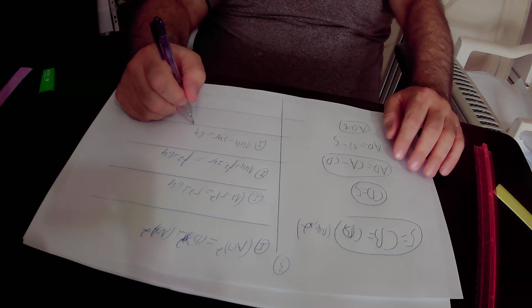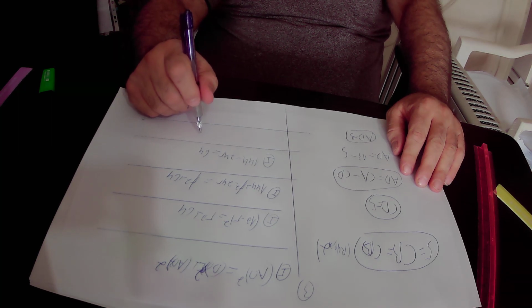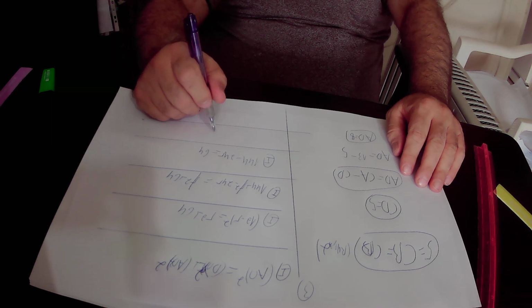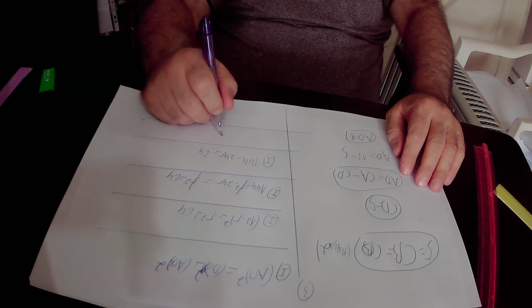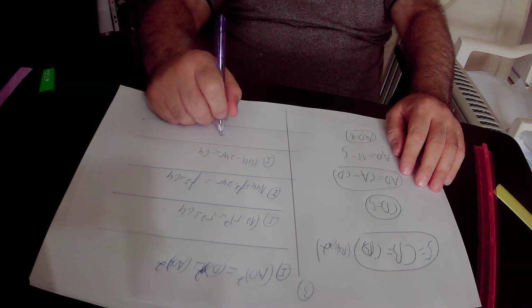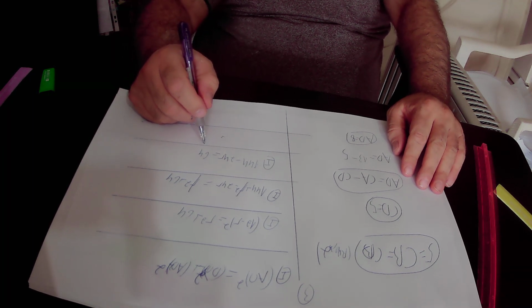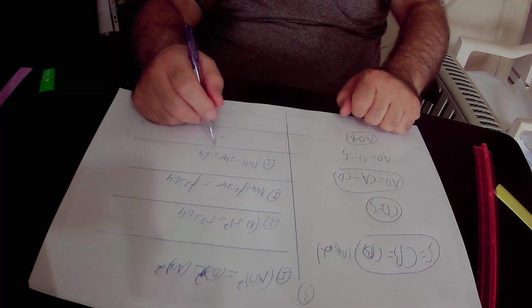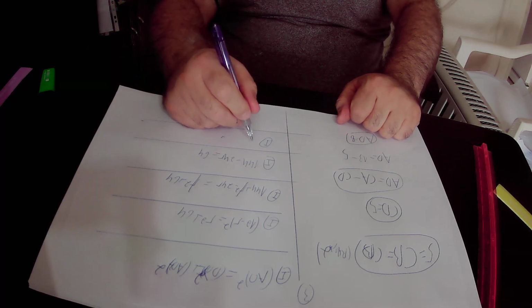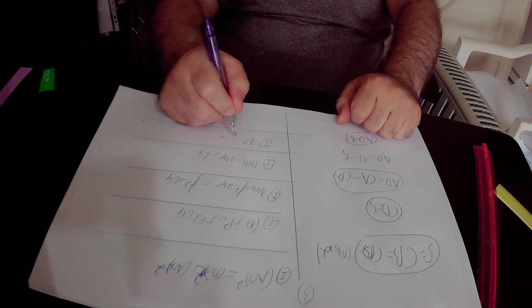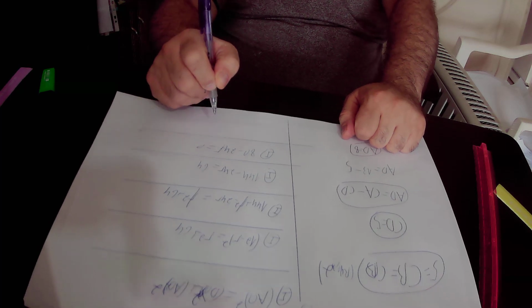Here we will subtract 64 from equation number 1, and we will get that 144 minus 64 is 80, so we have 80 minus 24R equals 0.